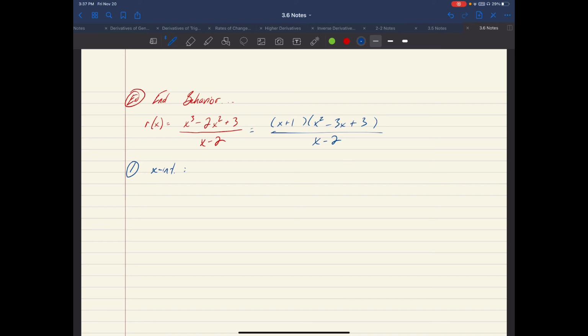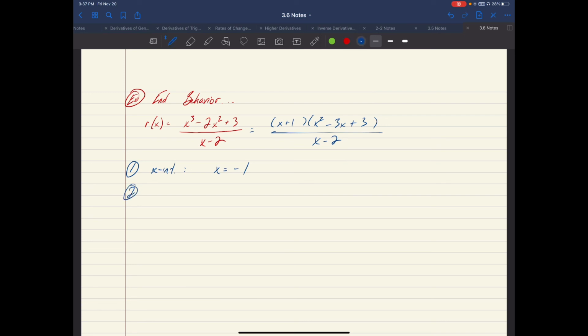And then we're going to go through all the parts we normally did, so the x-intercepts. X-intercepts are the numbers that make the numerator 0. So one of those is x equals negative 1. Now for the polynomial x squared minus 3x plus 3, if I use the quadratic formula, that gives me complex numbers, so those wouldn't be intercepts on the xy plane, so the only one that works is x equals negative 1.